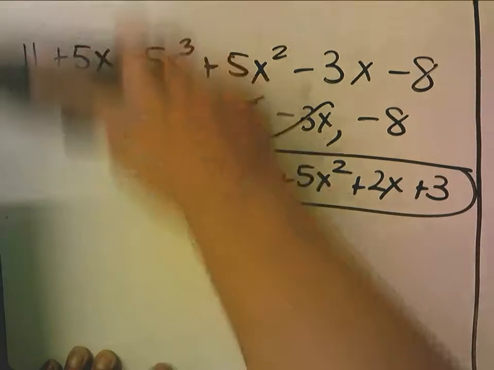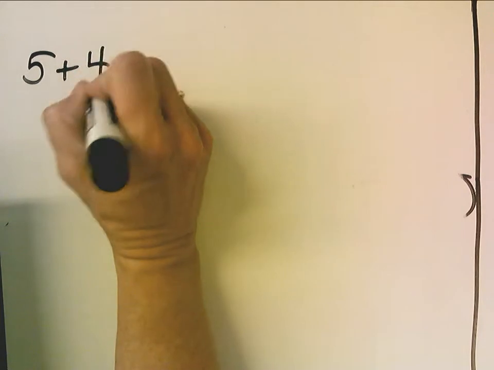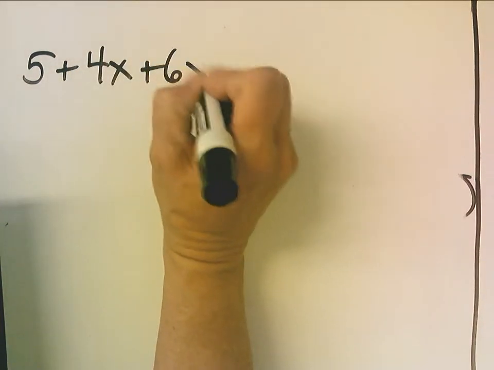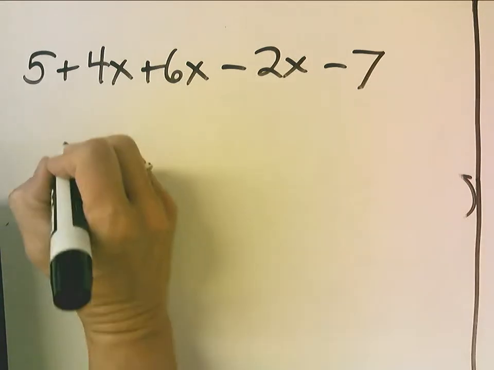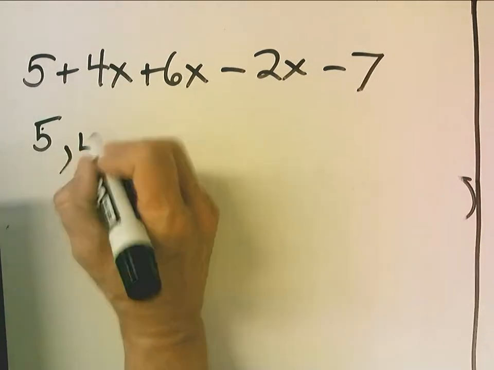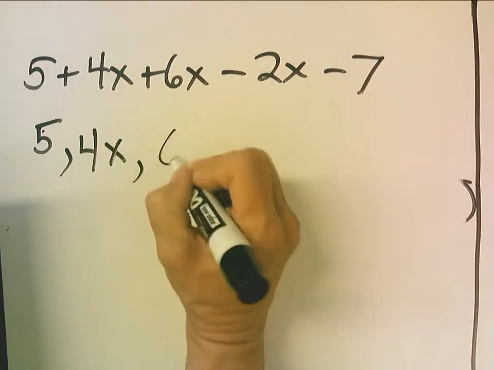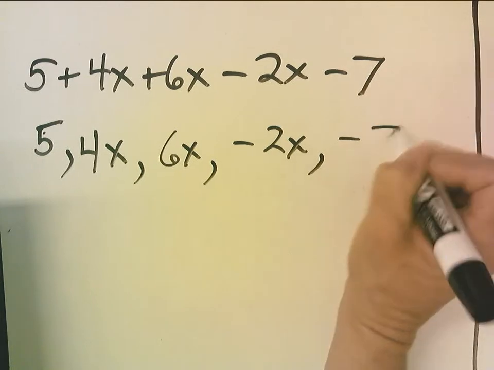Okay, and now the last one. 5 plus 4x plus 6x minus 2x minus 7. So I'm going to list my x's. Well, first I'll write it with commas. 5, comma, 4x, comma, 6x, comma, negative 2x, comma, negative 7.